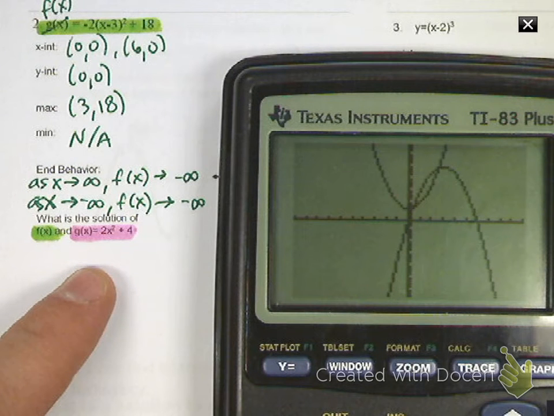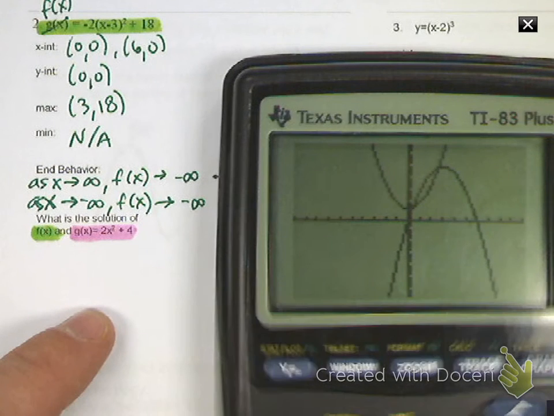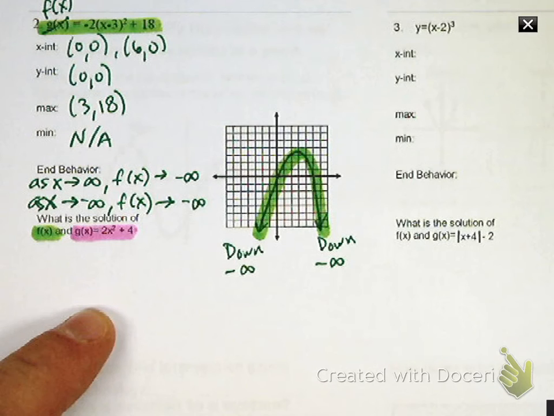and I can see that there's 2 intersection points. So the graph looks like this.